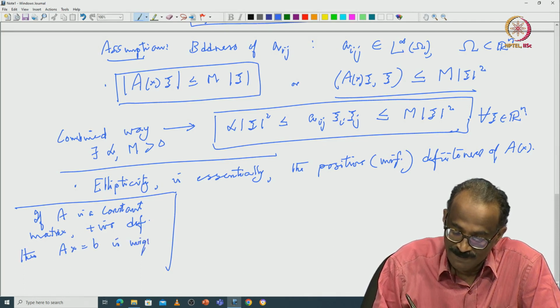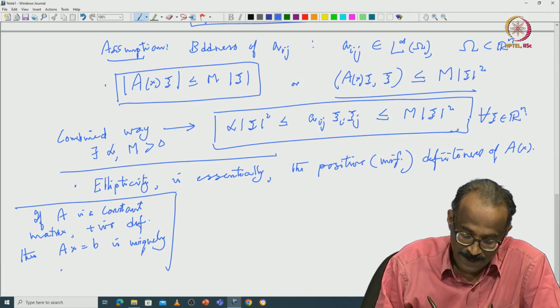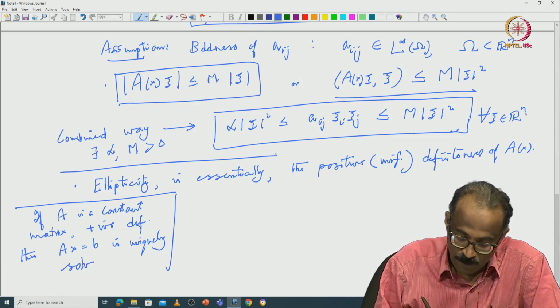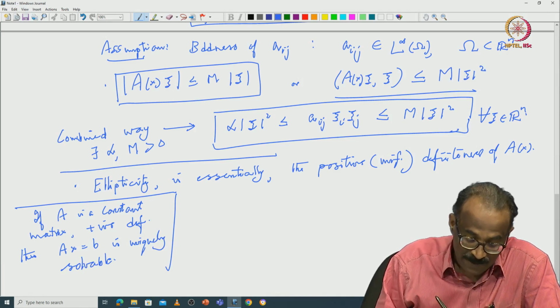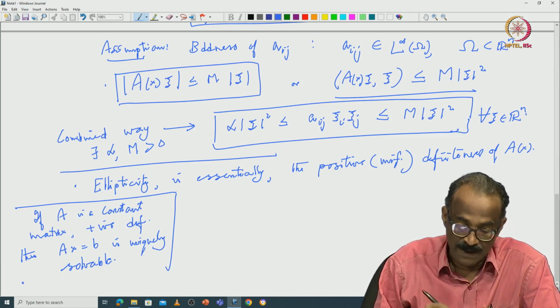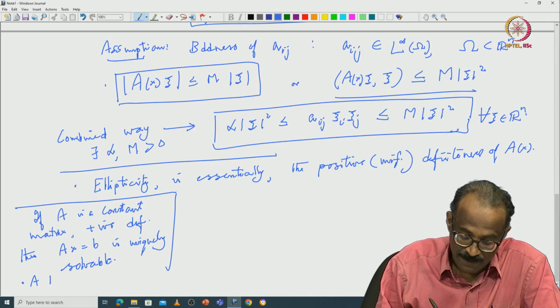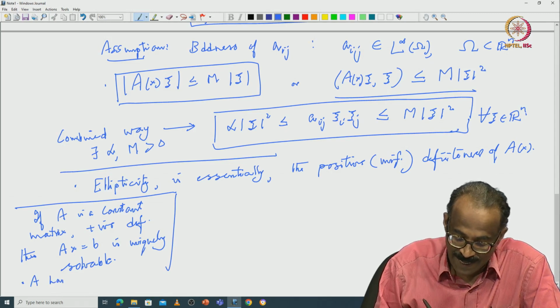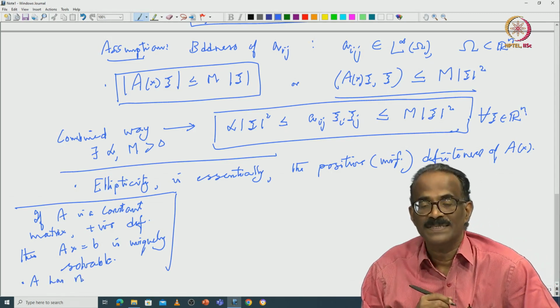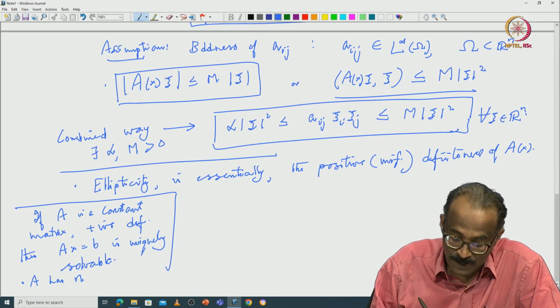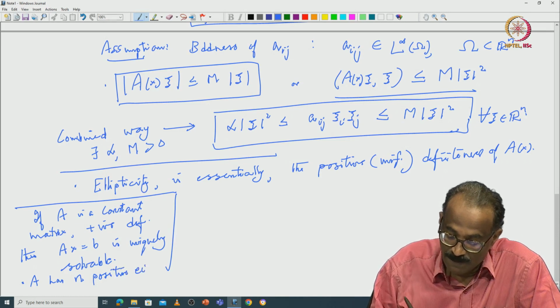Another remark is that A has n positive eigenvalues, counted up to multiplicity.